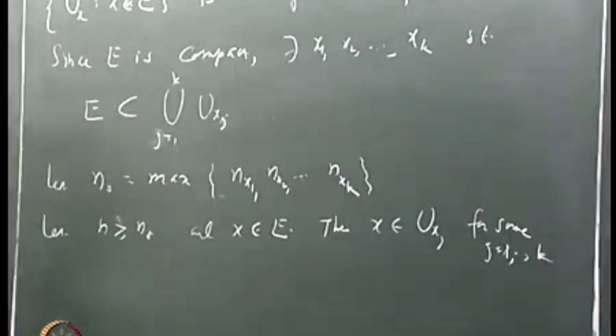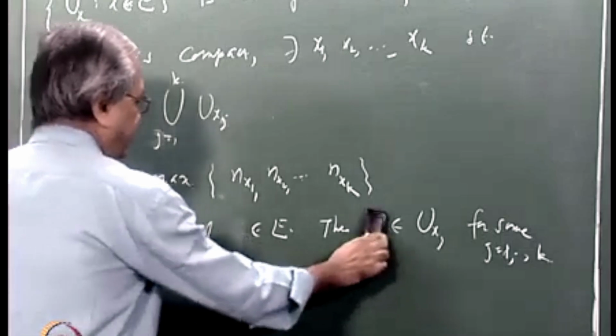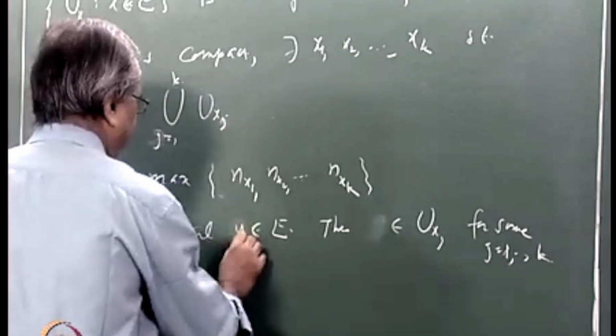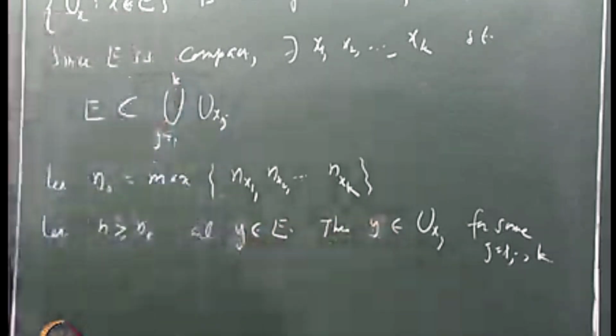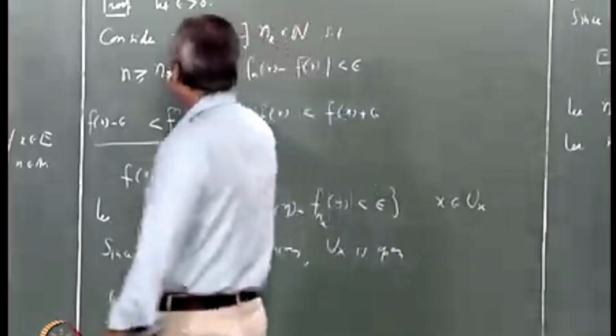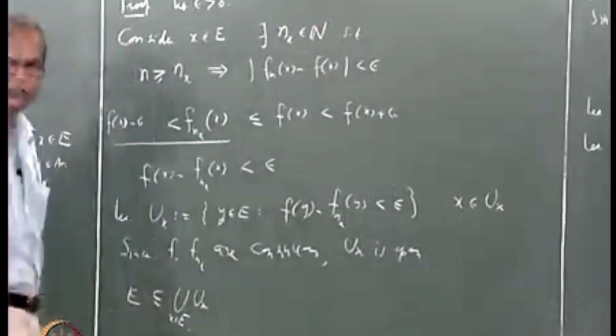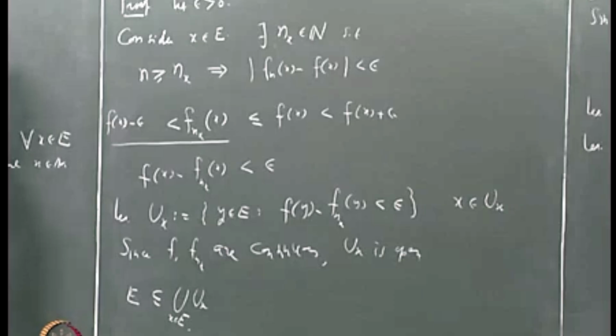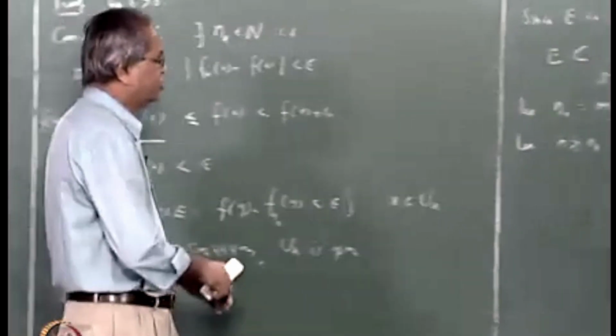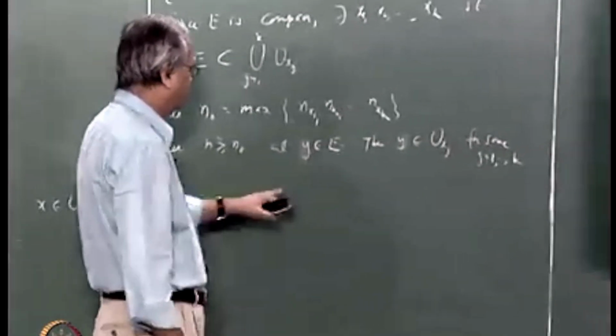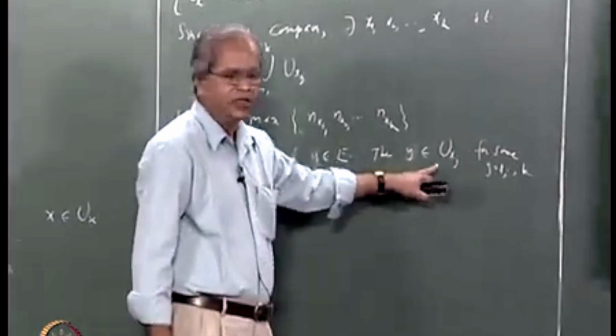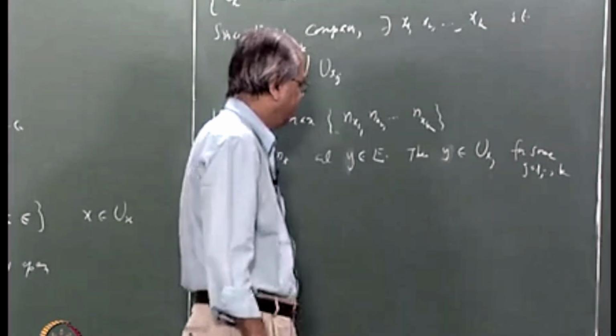But if x belongs to U_{xj}, what does it mean? In order to avoid the confusion I will change this notation here. Instead of x, let me take y, so that you don't confuse that with the x we started with. So let us take some y in E, then y belongs to U_{xj}. But what is the meaning of saying that y belongs to U_{xj}?